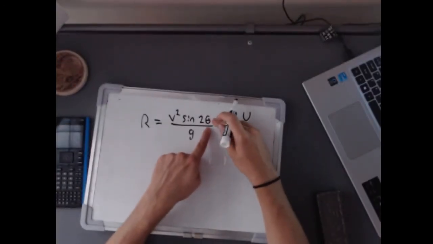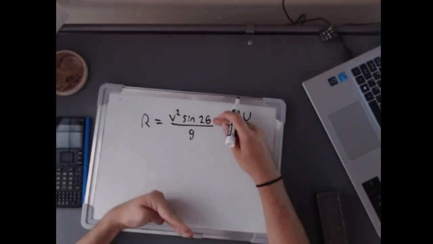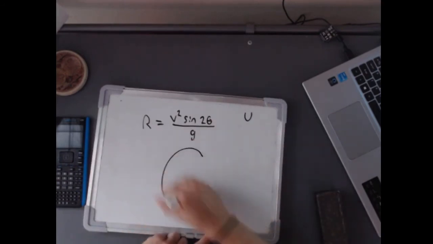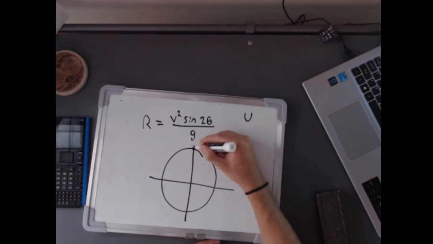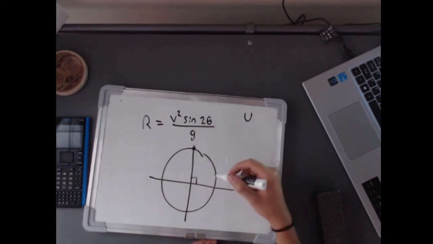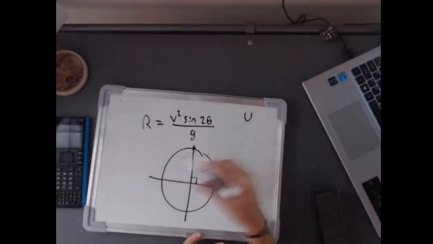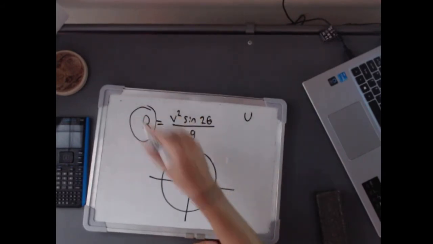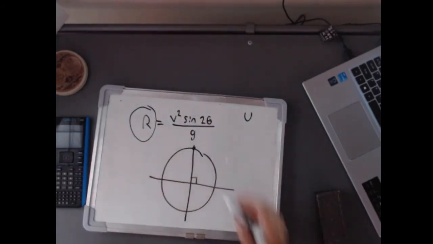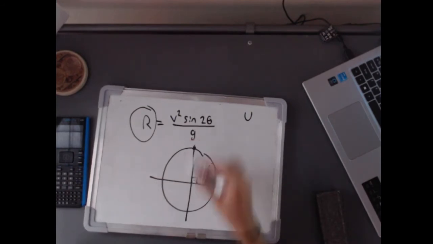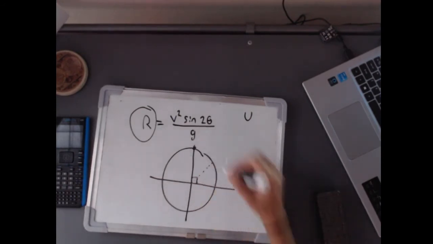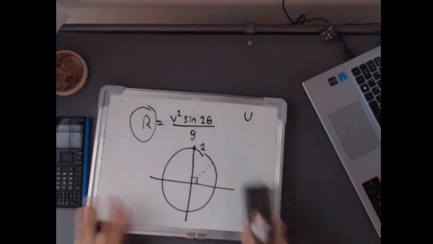So what angle for theta will make sine 2 theta the greatest? If you think about your unit circle, the greatest value for sine is 1 when you're at a 90-degree angle. So sine of 90 will equal 1. That'll be the largest value of r. That'll be at 45 degrees. So 45 degrees doubled gives you 90, and you get sine of 1. It all works out.